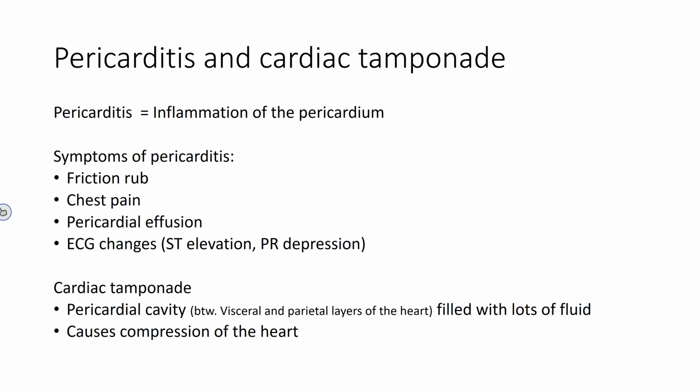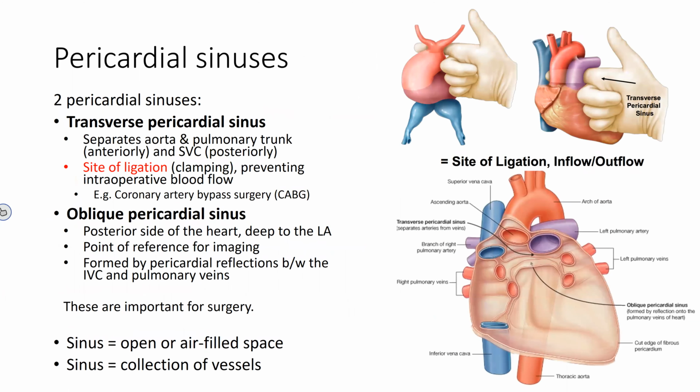So pericarditis and cardiac tamponade. Pericarditis is inflammation of the pericardium, and that's when you get symptoms like friction and pericardial effusions. And cardiac tamponade is when this causes compression of the heart. The pericardial sinuses is this picture here where you can sort of put your finger through, and it's useful for clamping in surgery.